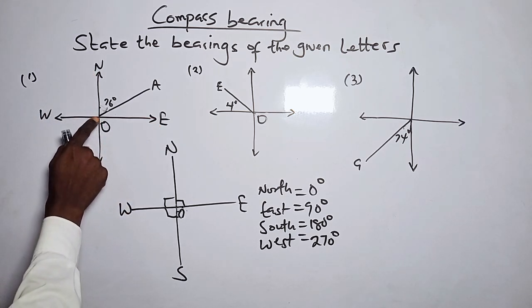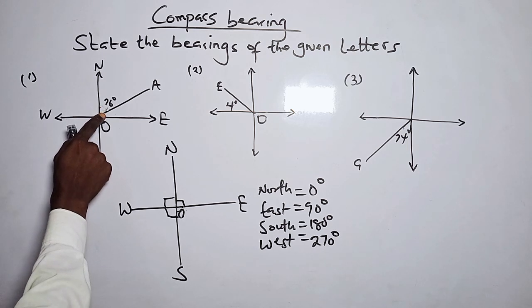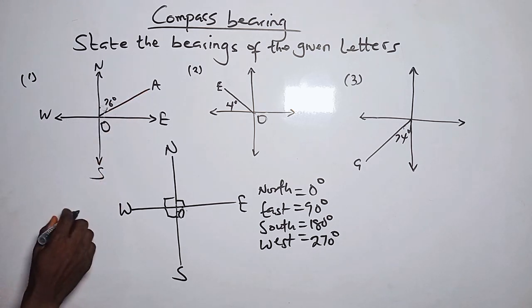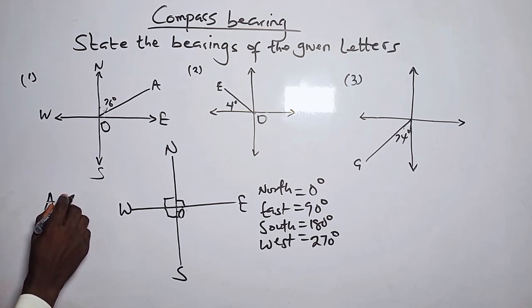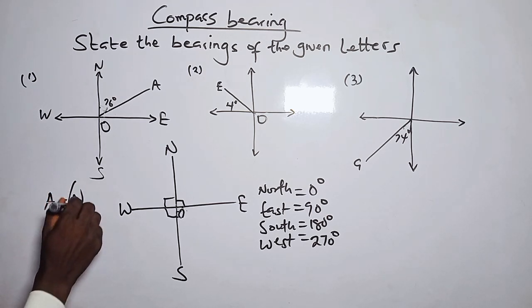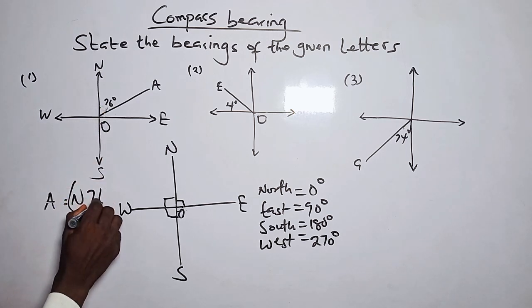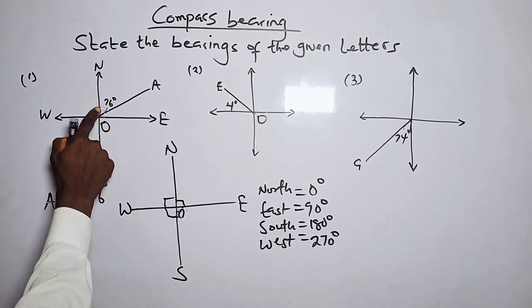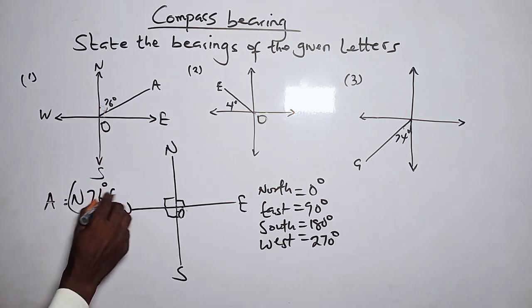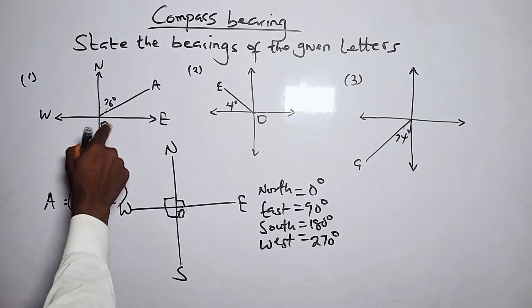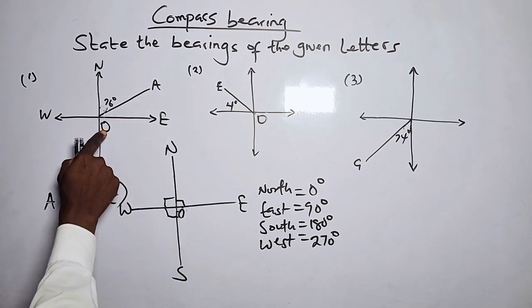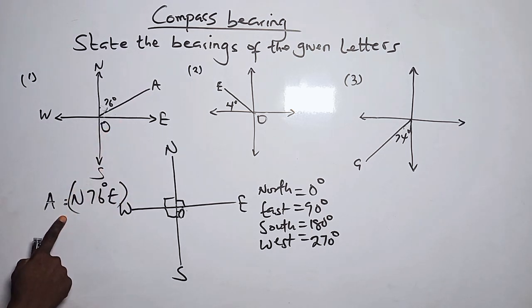Since this angle is coming from the north, the position of A gives north 76 degrees, moving towards the east. That is the bearing of A from this origin.